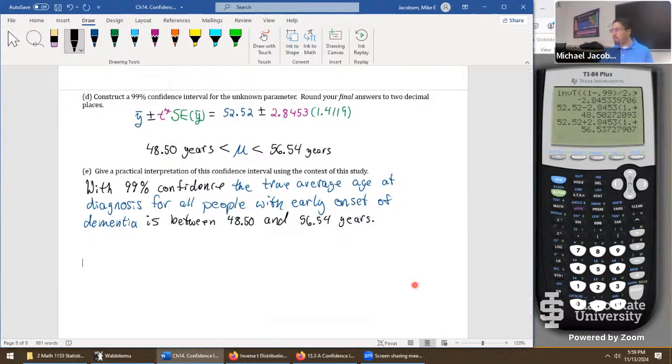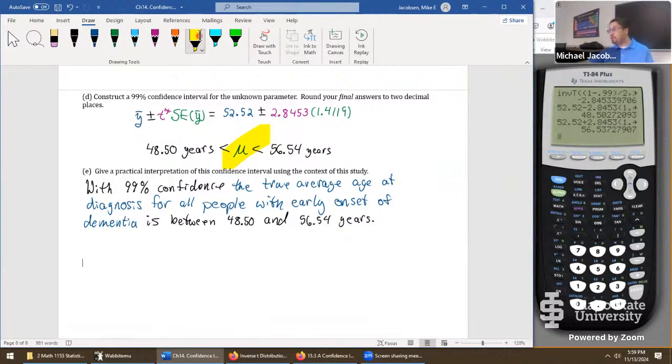One thing to be careful with, though, is if you're looking at this from 48.50 and 56.54 years, and you think, oh no, well, I know a Fred that's in that age range, don't fret, because remember, this is about mu. It's the average of everybody. It's not talking about one specific person whatsoever.